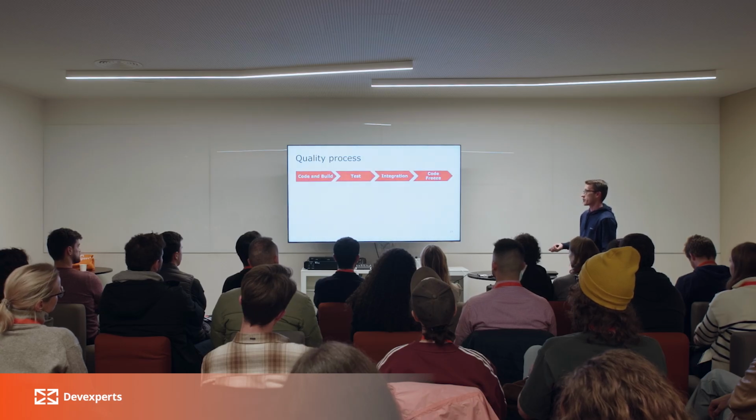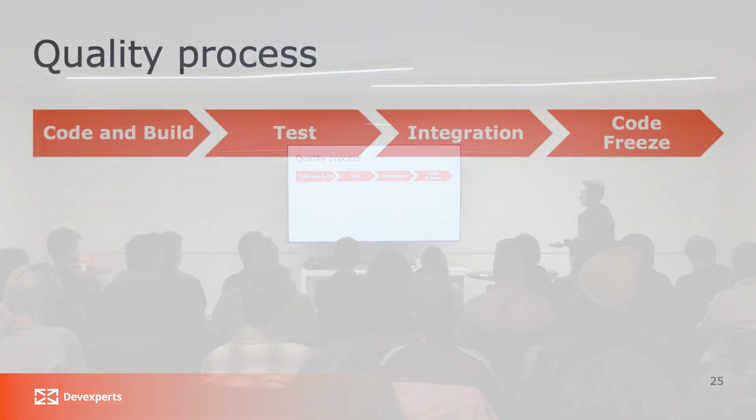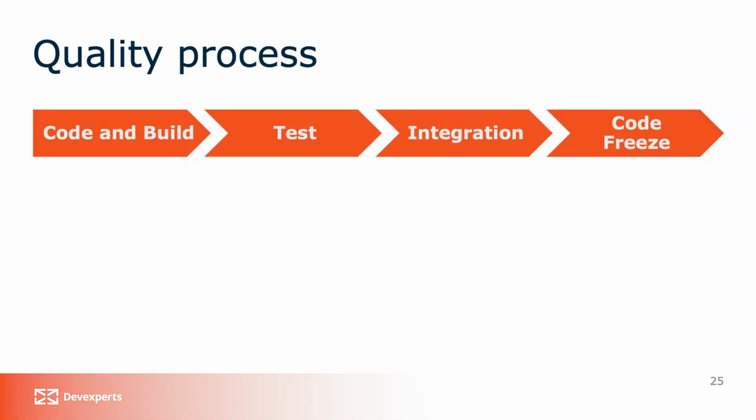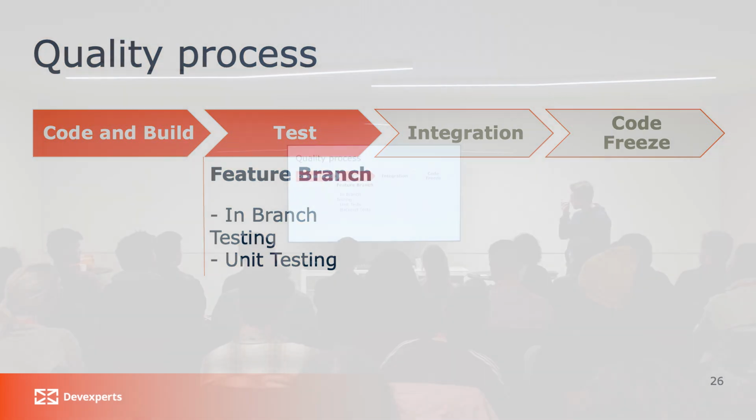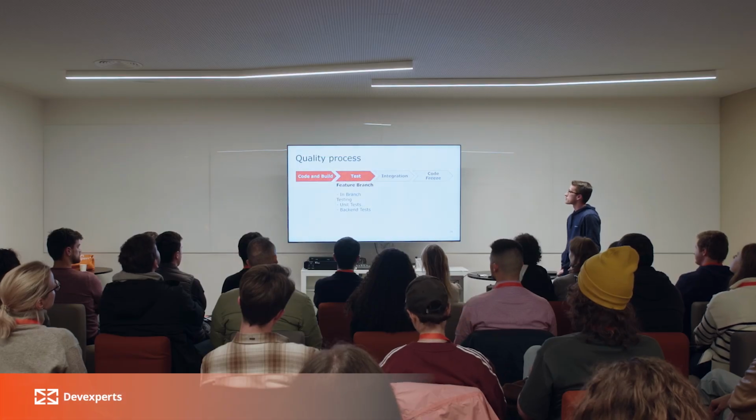So here is an example. It's a real example. You have your features being developed during your sprint or any development process that you're following. And so after the code is built, you have branch testing. So it means that you are testing the features that are actually ready.